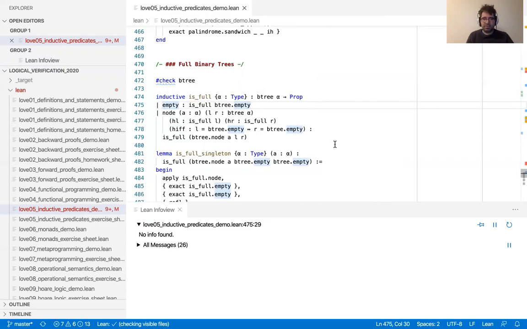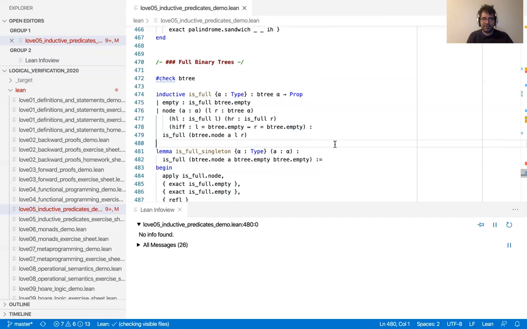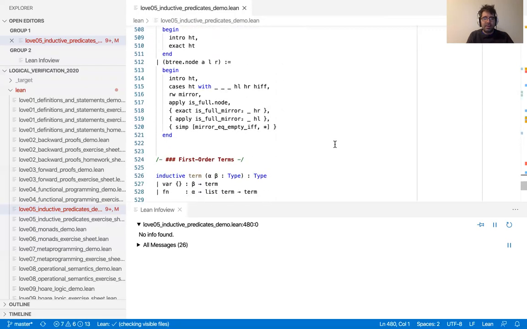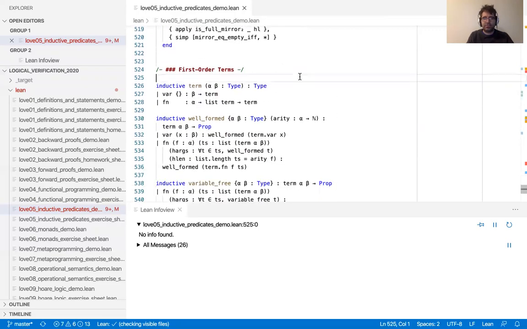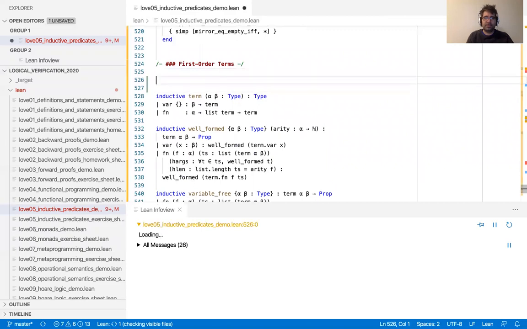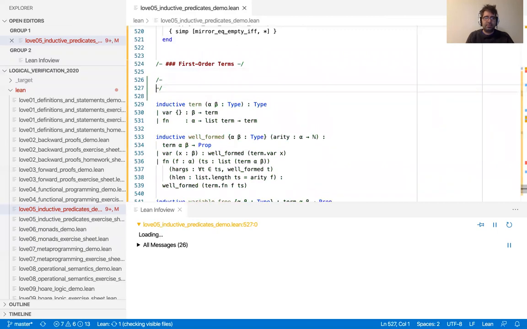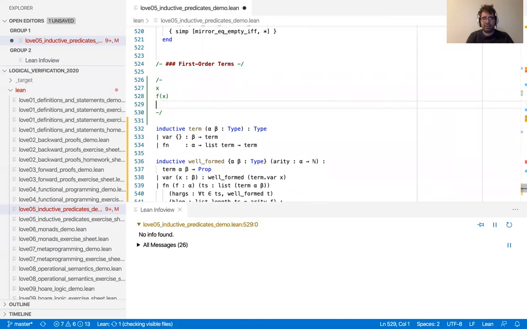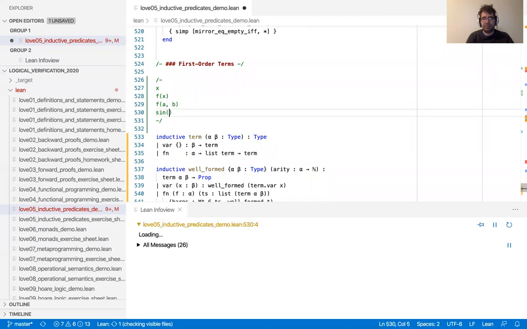There's documentation as usual in our favorite guide, or not so favorite guide, I don't know, depends on the reader. And also here you have a notion of first order terms. First order terms are the terms that you're probably more familiar with. So when you write x or f of x or f of a, b, or, for example, sine of 5, these are all first order terms, right? They have parentheses, they have commas, unlike Lean terms, which are based on functional programming.